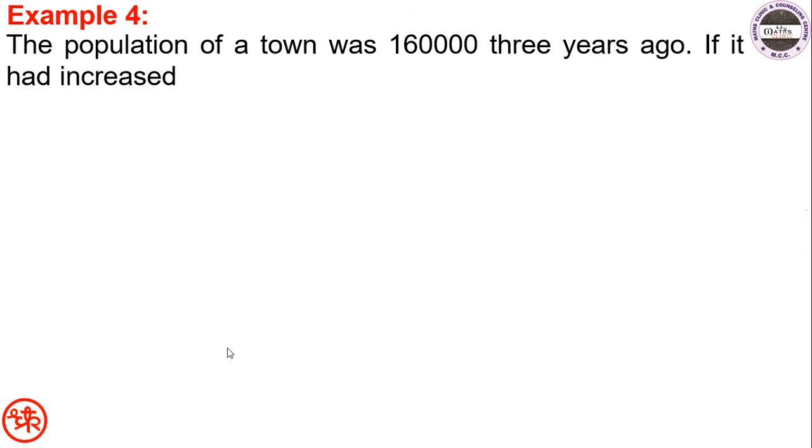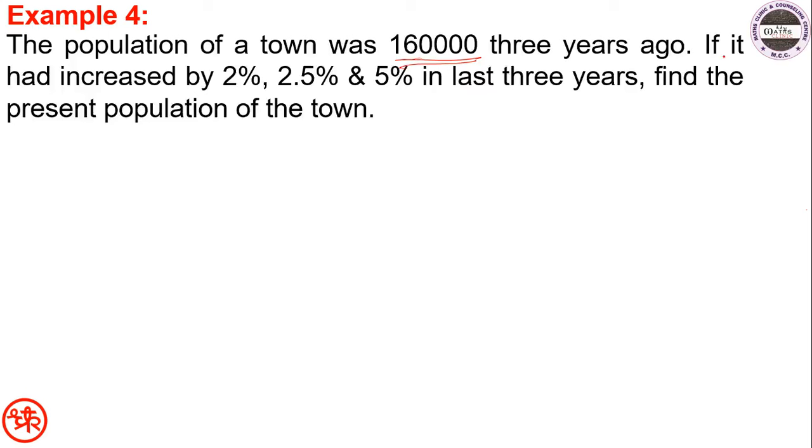So now the next example. The population of a town was 1,60,000 3 years ago. If it has increased by 2%, 2.5% and 5% in the last 3 years successively, find the present population of the town. Okay, look here, solution.